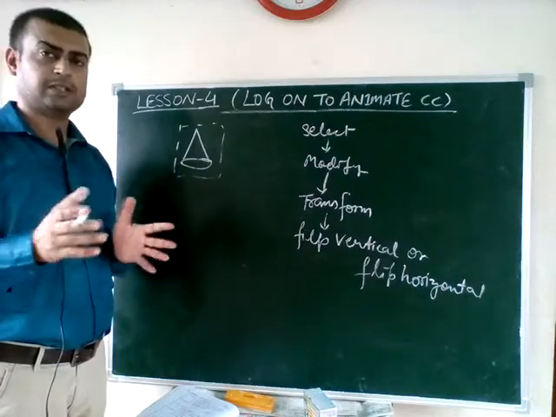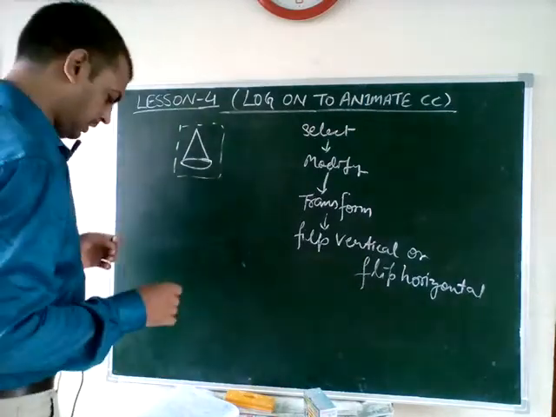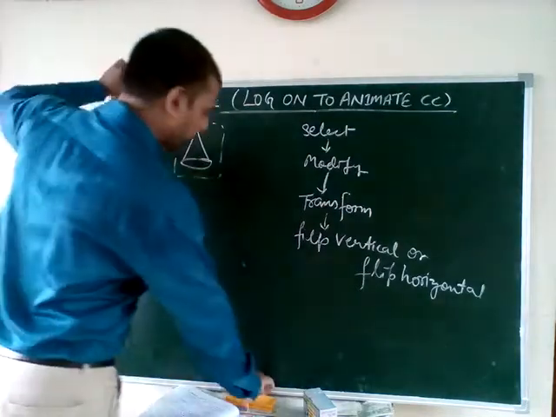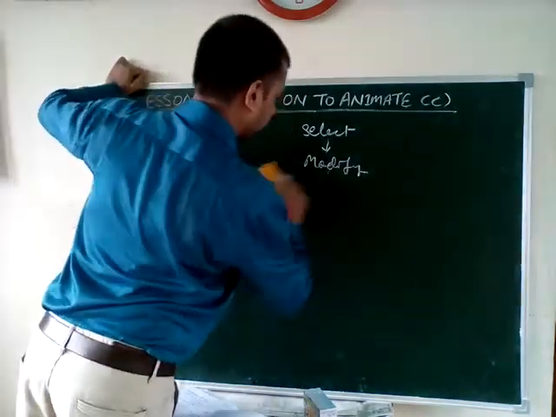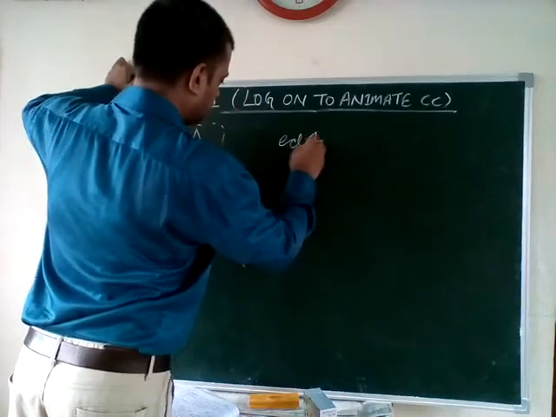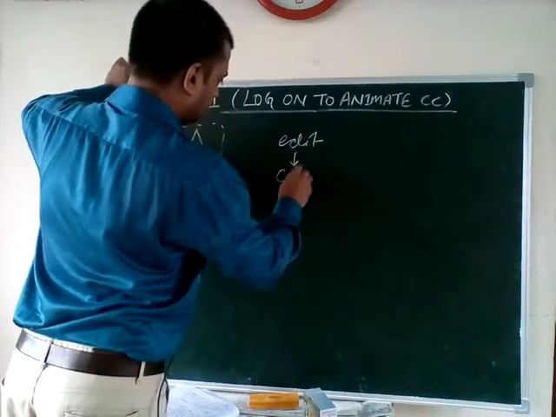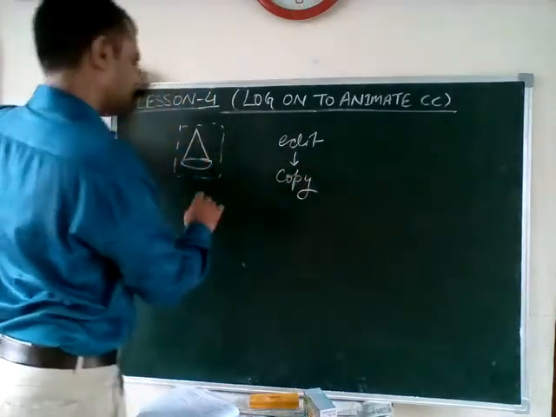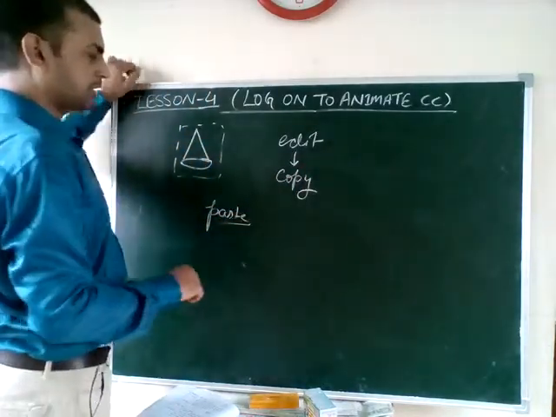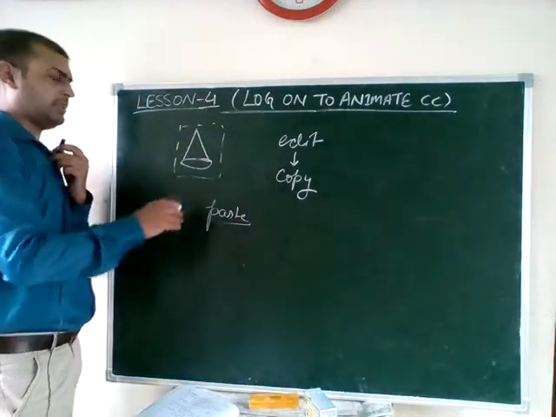So this is the first method. Second method: go to Edit and then select Copy, and wherever you want to paste, go and paste it. So this is the method, it is given in your tab.